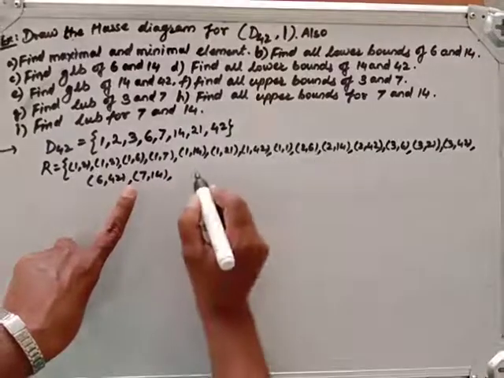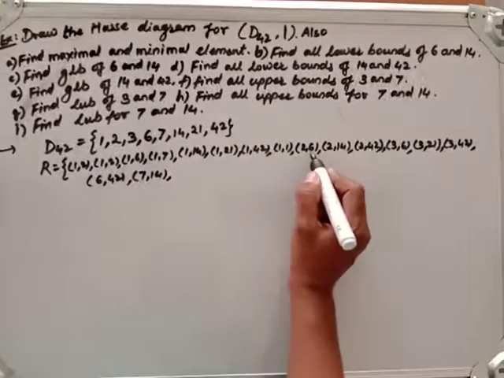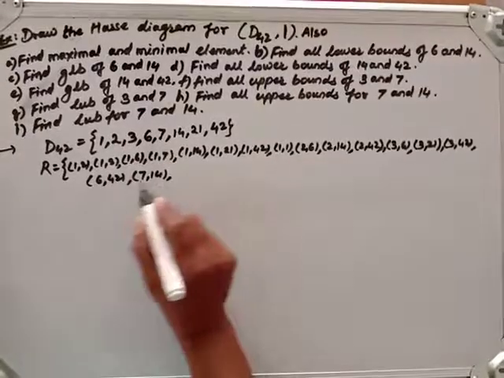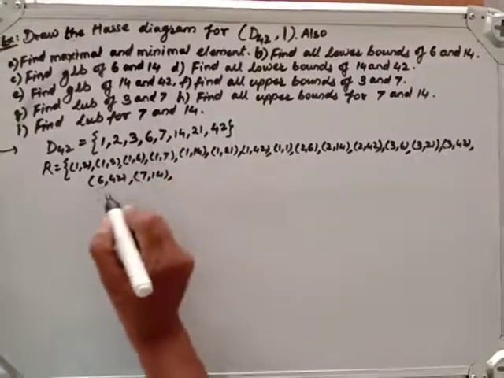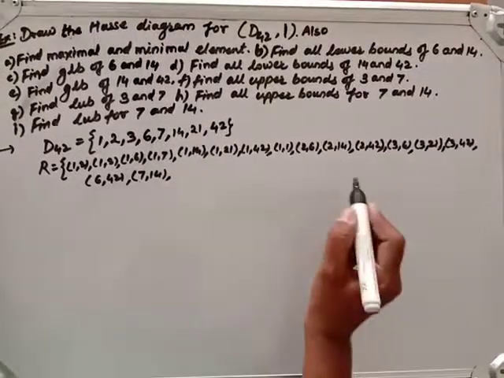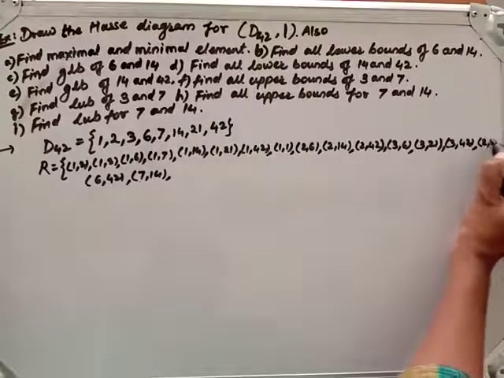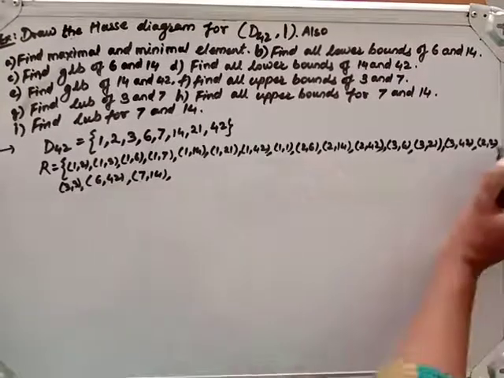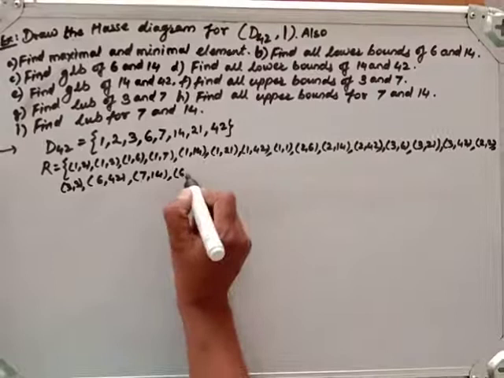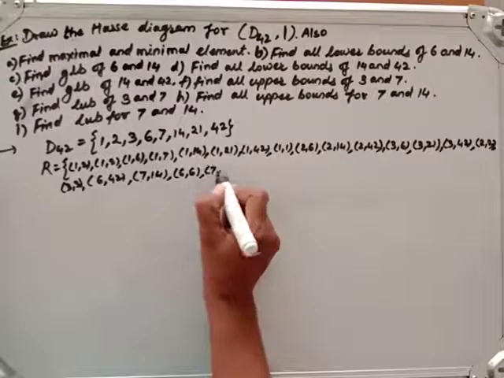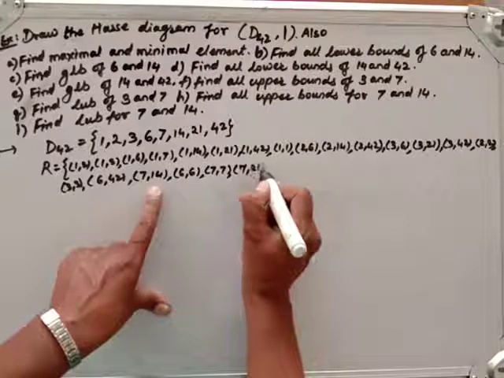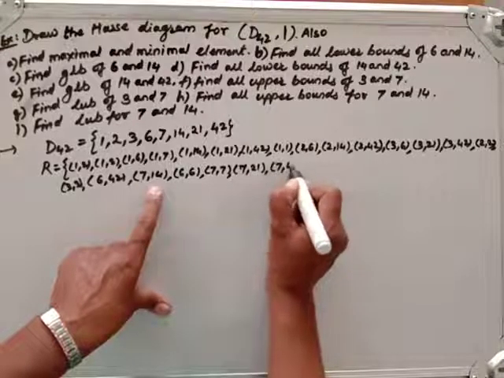As such we have written this. Now here one more is left: 2 also related to 2, 3 also related to 3, 6 also related to 6. These pairs we should add. Here let me add (2,2), (3,3), (6,6), (7,7). Now 7 related to 14 we have written, so 7 related to 21, 7 related to 42.